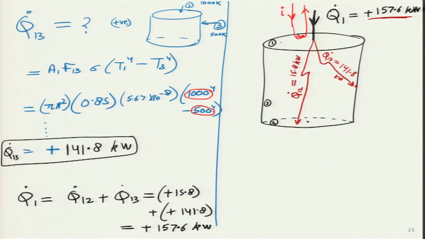You see, 1000 Kelvin is a very high temperature. Then it is radiating everywhere, to the bottom also, to the side also. So I will put that temperature also over here. So this temperature is 1000 Kelvin. Bottom temperature I think is, how much was the bottom temperature? 800 Kelvin, and side temperature is 500 Kelvin.